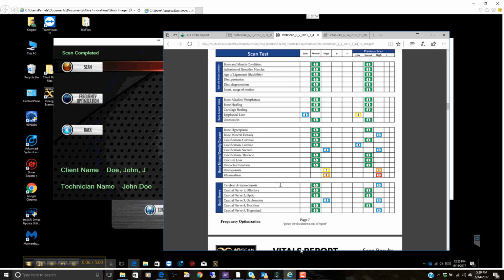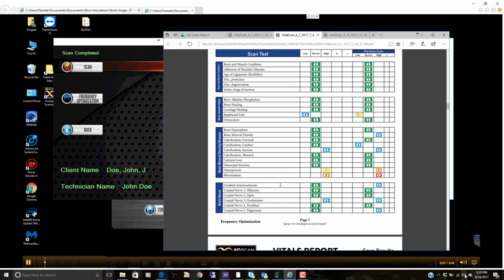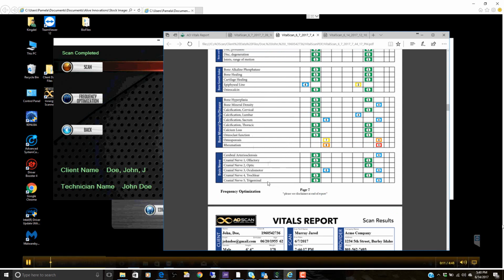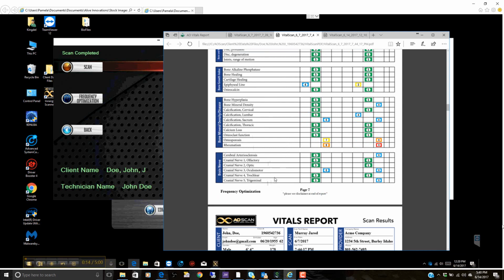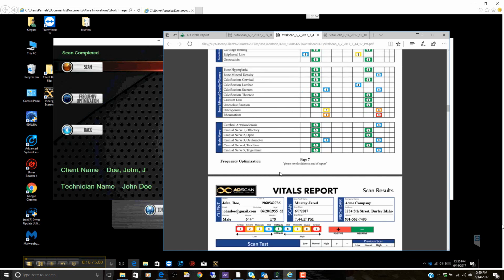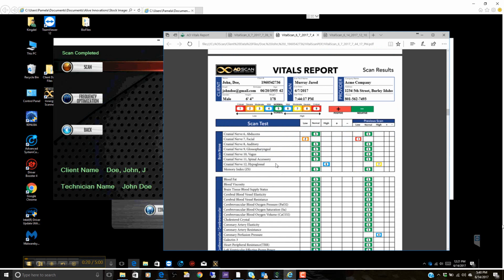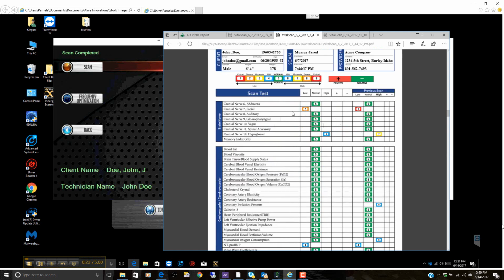But regarding this report, we're looking at the calcification on this page and moving on here. Now we see we can look at the brain and nerve function and how that impacts the body. We also can look at if there's any specific subluxations or inflammatory.